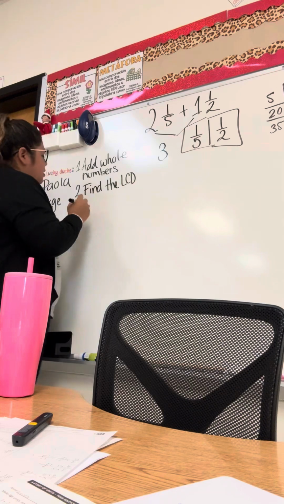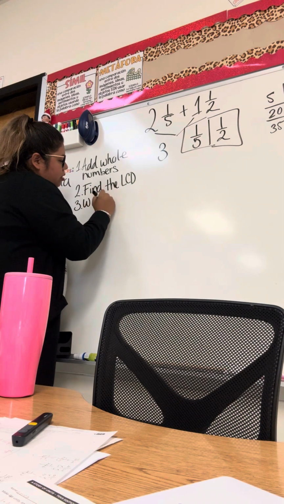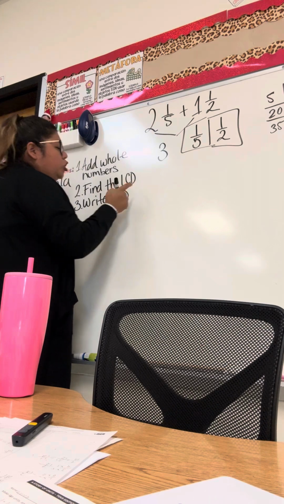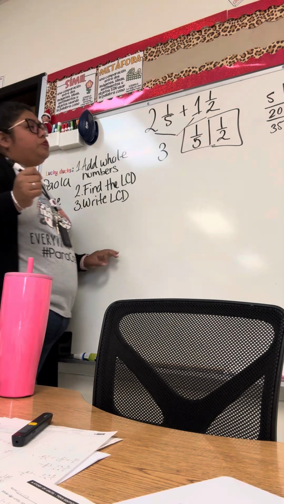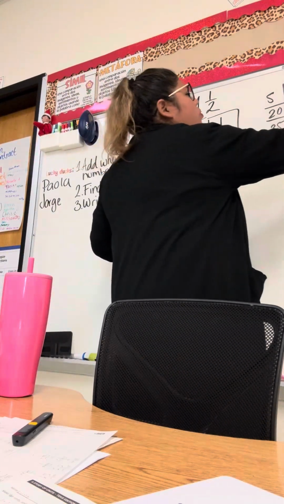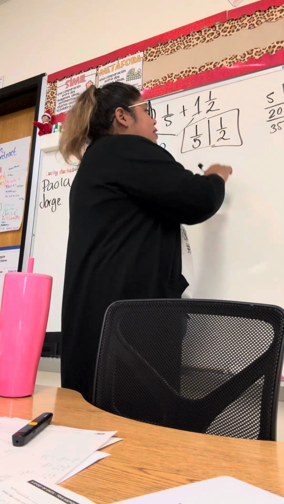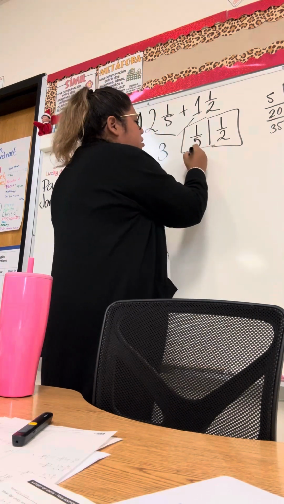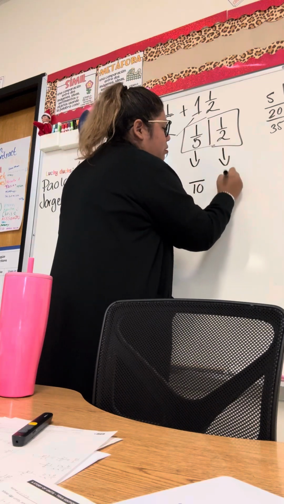So I'm going to add a step right here. Write LCD so you know what your least common denominator is and you don't forget, okay? So write LCD. Now I know that my least common denominator is 10, meaning that for these two fractions, the denominator has to be 10.